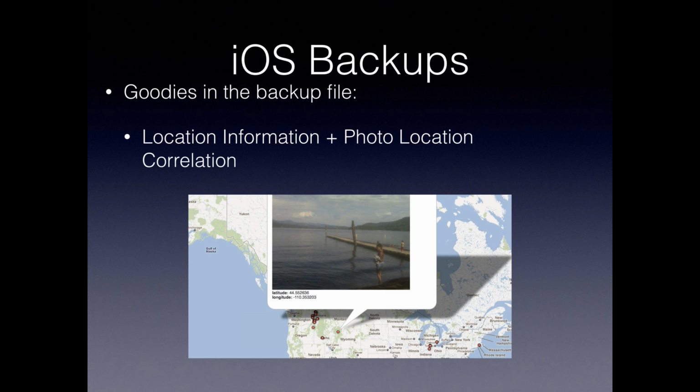Furthermore, all the images taken by the camera, which are also stored in the backup, contain geolocation information. So by combining the photos and geolocations, you can map out which pictures from the backup were taken in what locations and have them presented to you in an interactive map. It's pretty cool, huh?